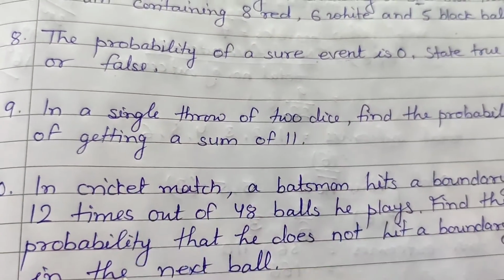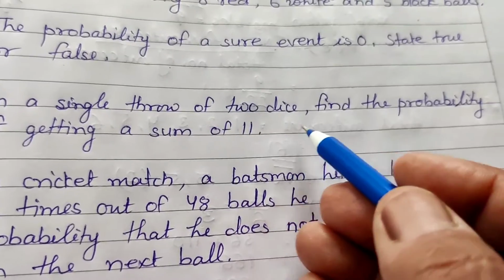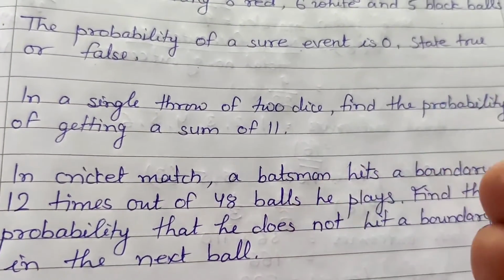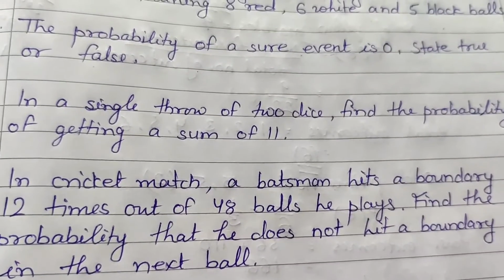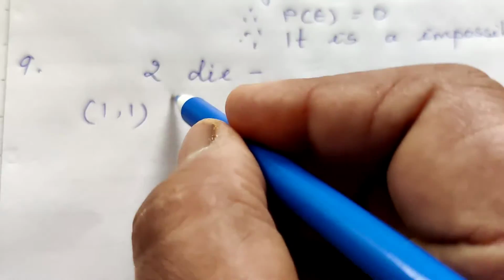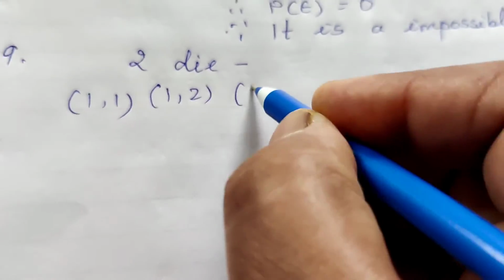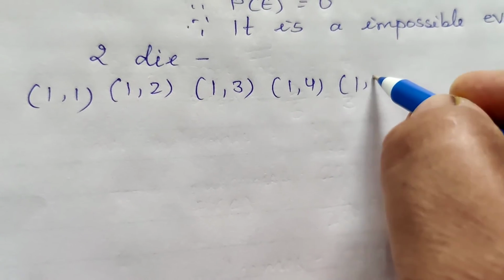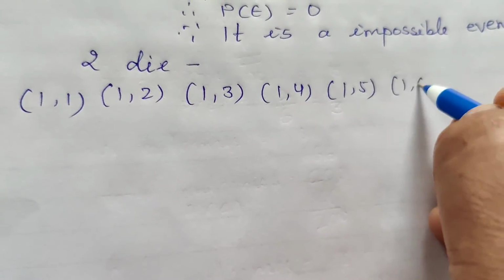Question number 9. In a single throw of 2 dice, find the probability for getting a sum of 11. Single throw of 2 dice only. When we throw 2 dice, the outcomes will come like this: 1 1, 1 2, 1 3, 1 4, 1 5, 1 6.